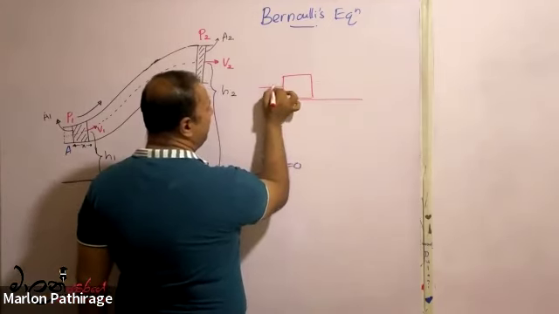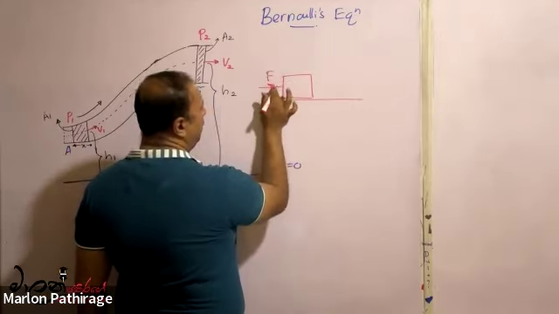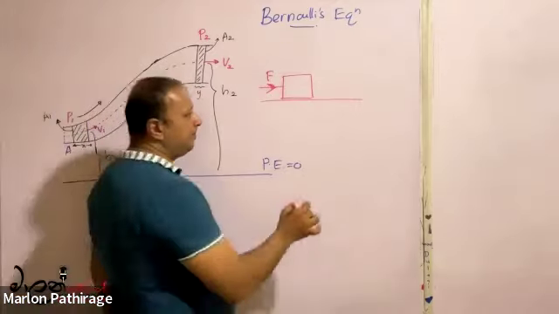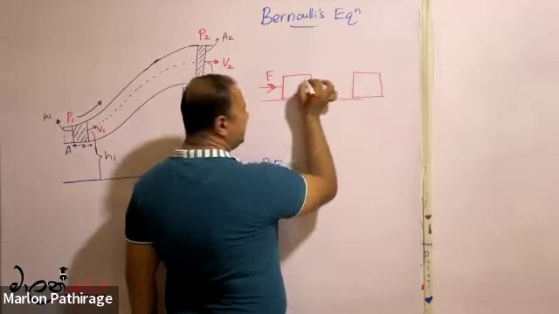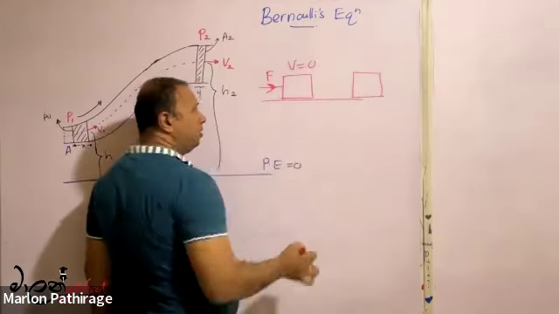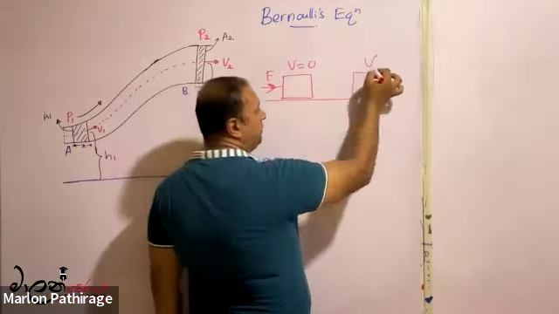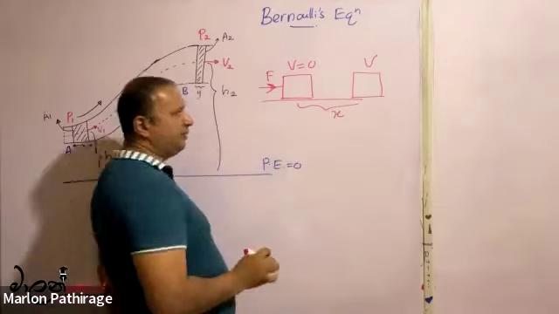Initially this object is at zero velocity. Now the velocity is v.